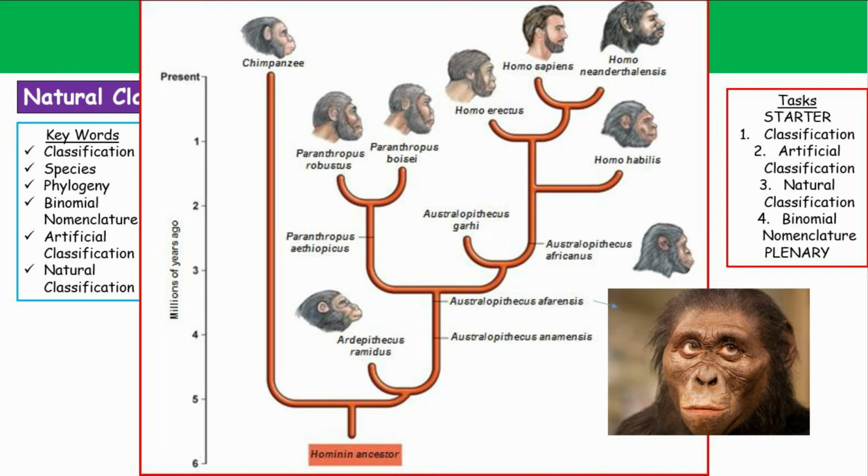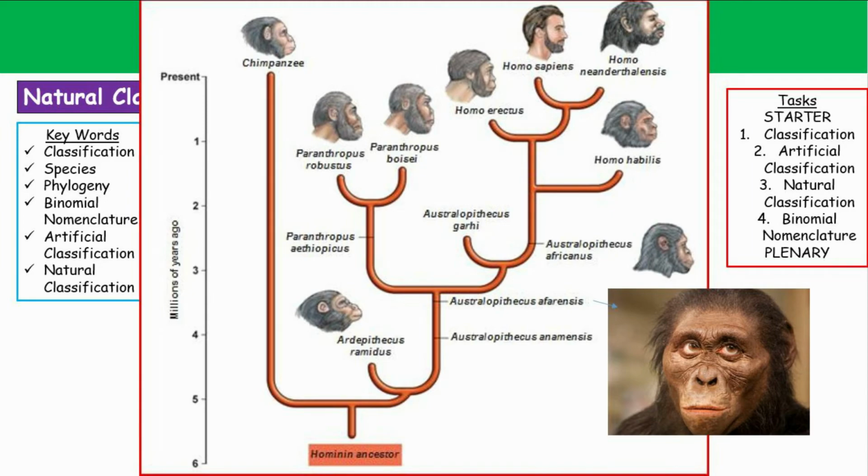He said that chimpanzees and us share a common ancestor. And by that, we don't mean someone just a few hundred or a few thousand years ago. You can see here, 6 million years ago. That's quite a long time in the grand scheme of things. But what we've built up here then is our phylogeny to show the family tree.